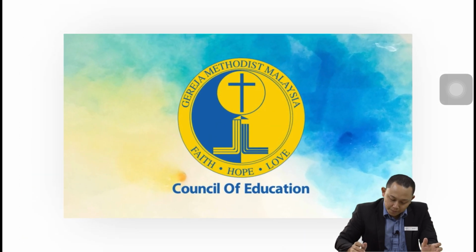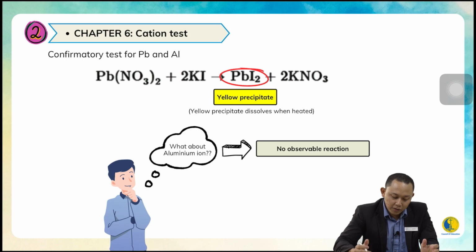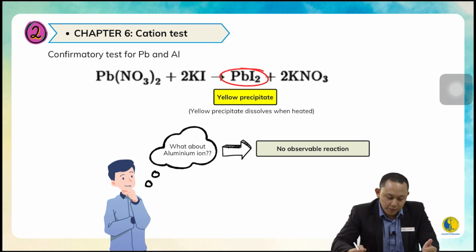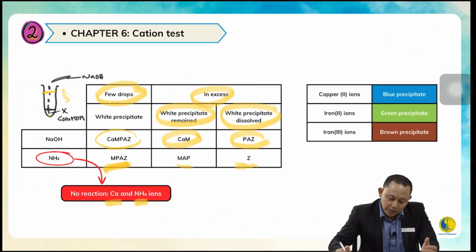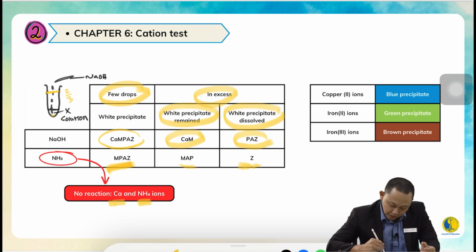Now we go to the confirmatory cation test between lead and aluminium. I'm going to clear this highlighted part here.